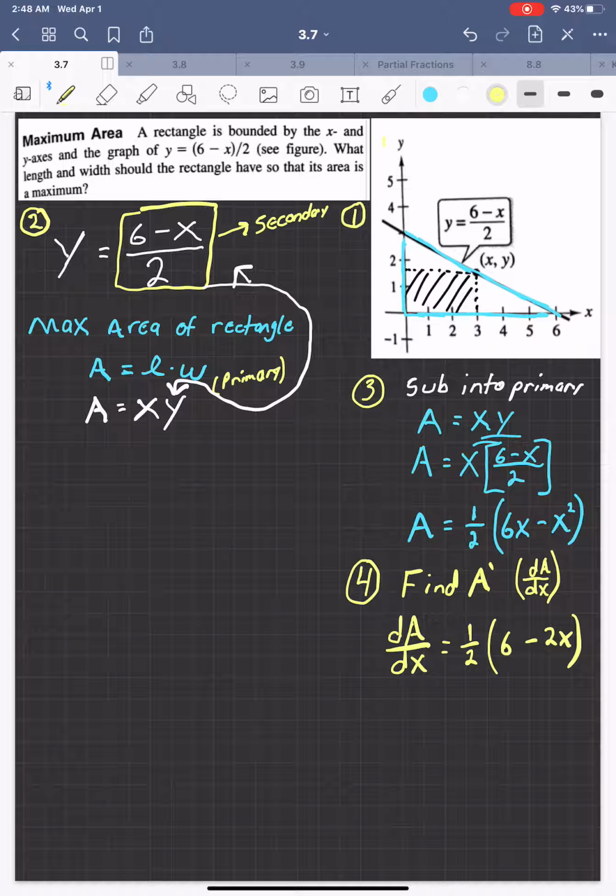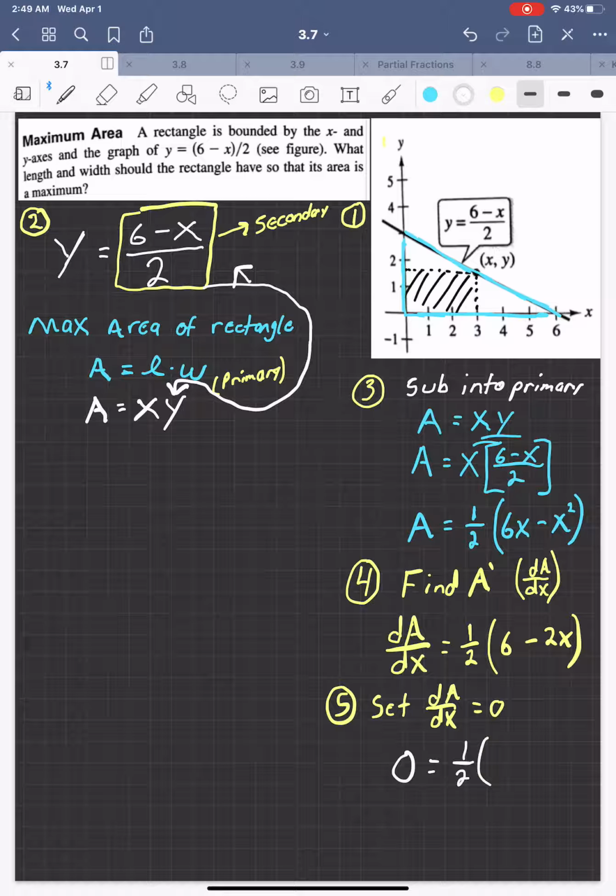Okay, so now we have a derivative, and we are going to set our derivative equal to 0 in this next step. So let's turn this into 0 is equal to 1/2 times 6 minus 2x. Okay, so in this case, what we find is that x is equal to 3.